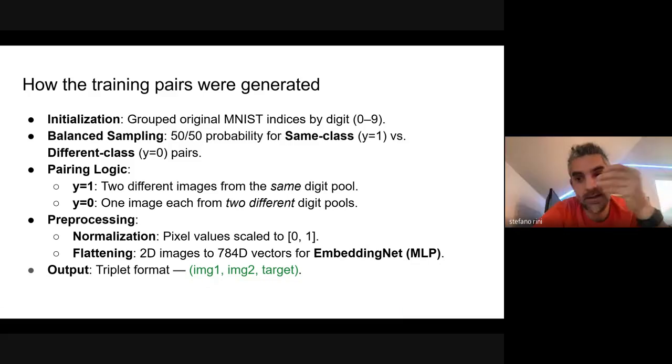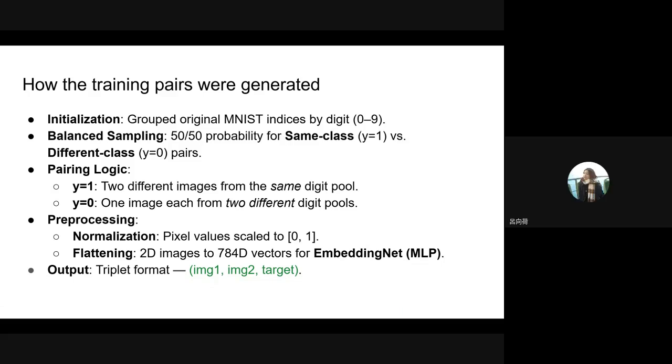So target predicts if they are the same label or different label? Yes. The target is 1 or 0, where 1 represents the same label pairs and 0 is different.